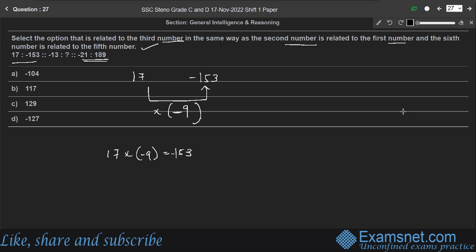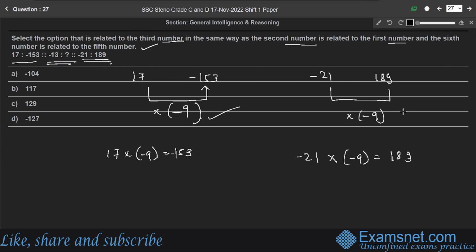Similarly, the last pair, minus 21 and 189. Since 21 into 9 is 189, 21 into minus 9 gives plus 189. So we just have to multiply the first number by minus 9 to get the next number.